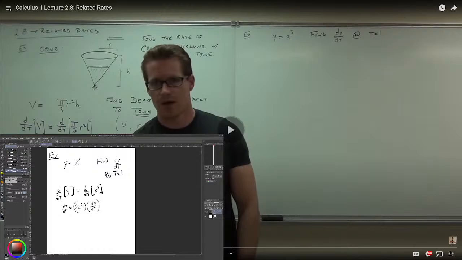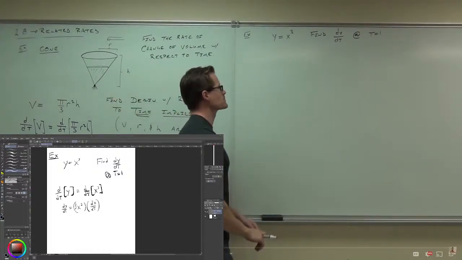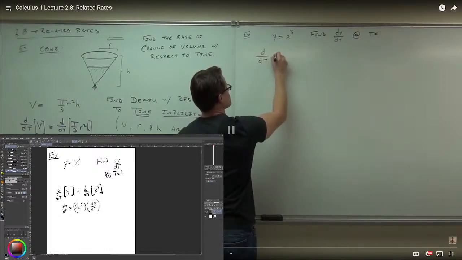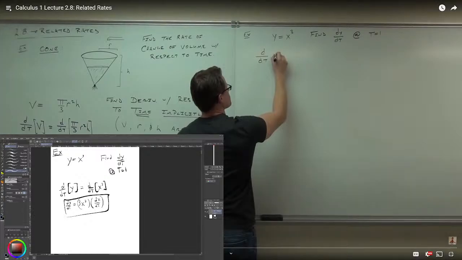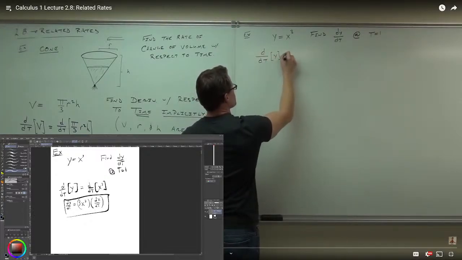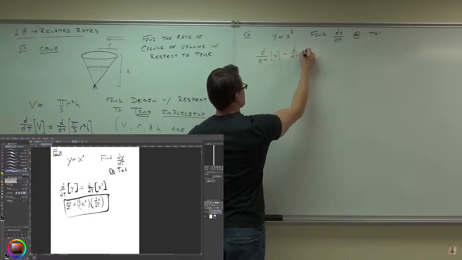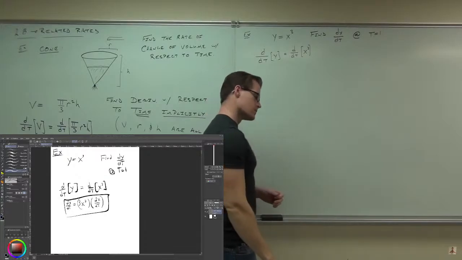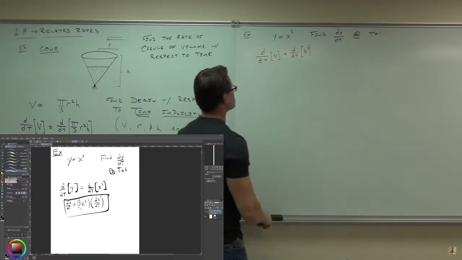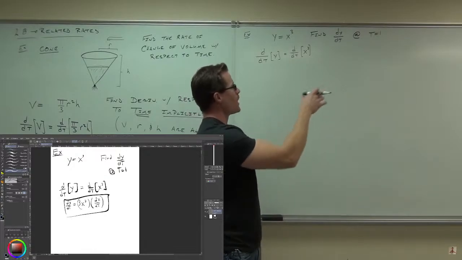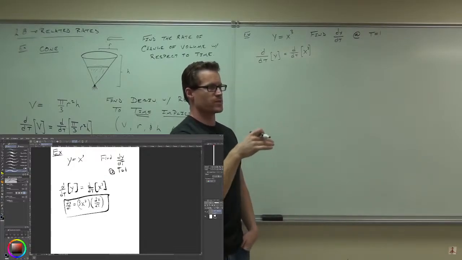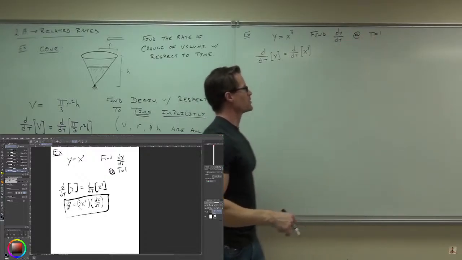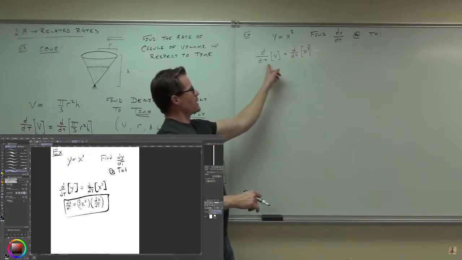There's no hard product rule. There's nothing about this. So d dt of y equals d dt of x cubed. Notice we're taking it with respect to t because we want to figure out what happens here at dy dt and at t equals 1.